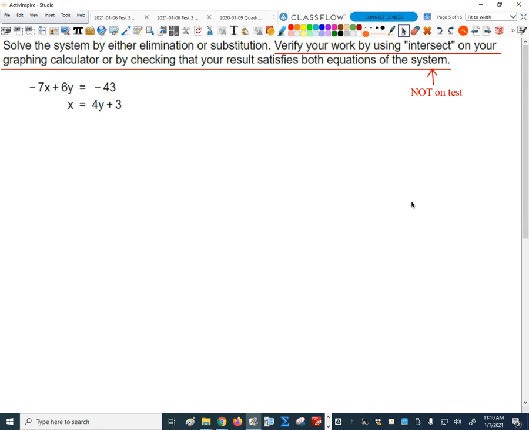Okay, so let's talk about how to solve this one then. Are we going to want to use elimination or substitution here, Jade? What do you think? Which method would fit this the best?